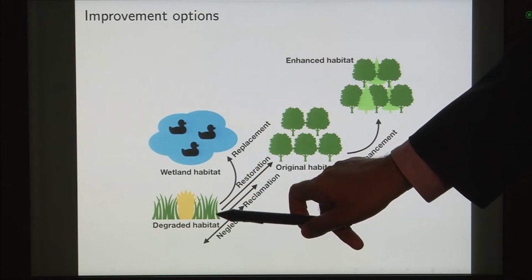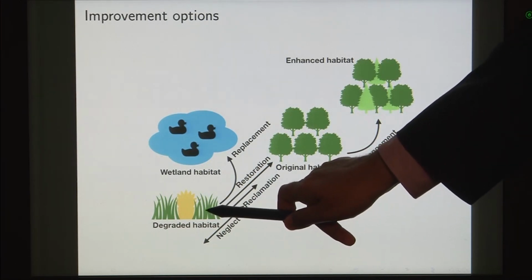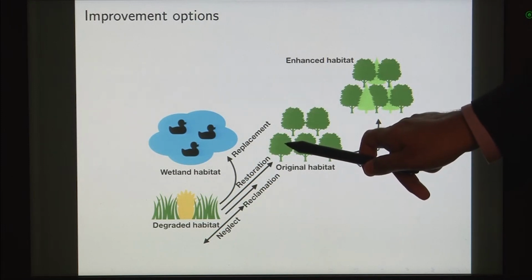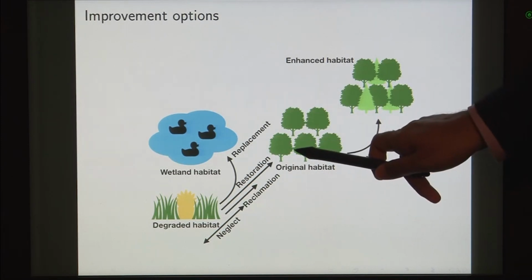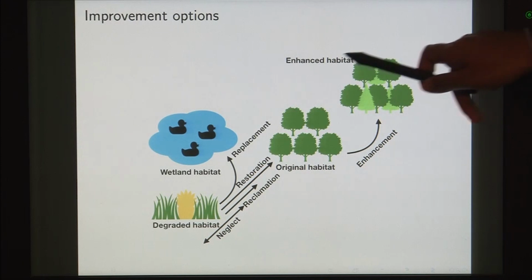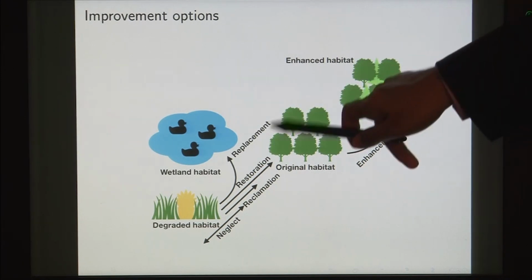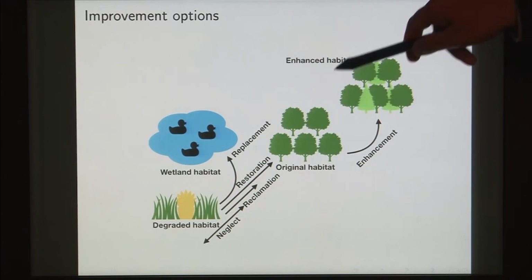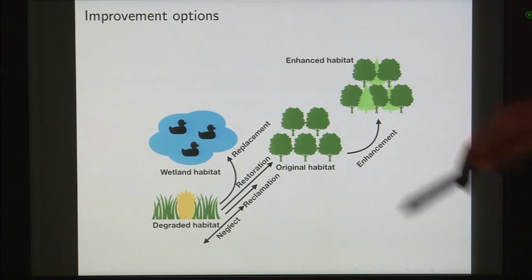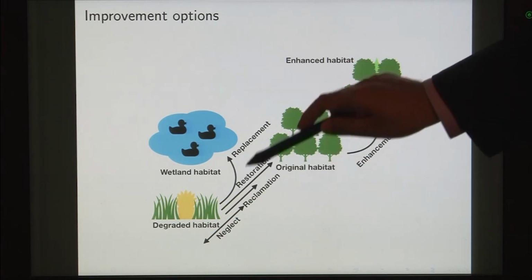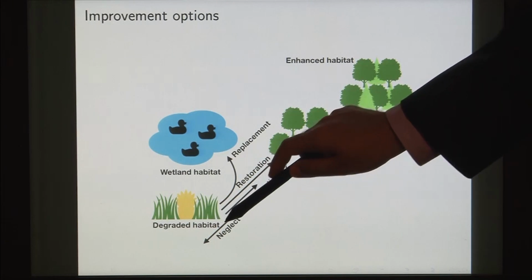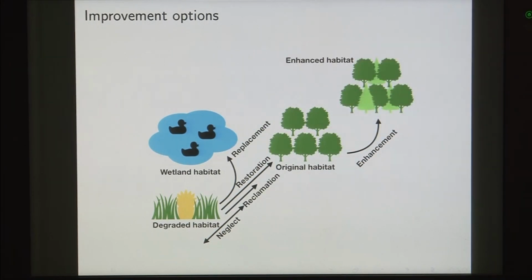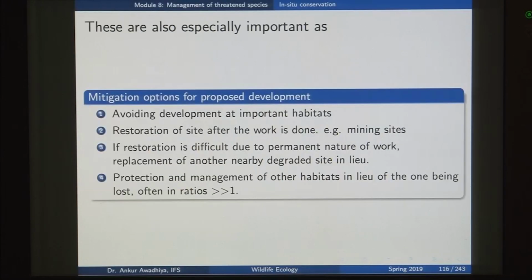The third one is restoration, in which case you convert this degraded habitat completely to the original forest. And then if you move it even further, it would be an example of an enhanced habitat. So, in place of having just these trees, you now have even more biodiversity. Or another option is that of replacement. So, in place of this degraded habitat, you have converted it into a wetland habitat. So, these are the improvement options that we have with us when we are talking about in situ conservation.